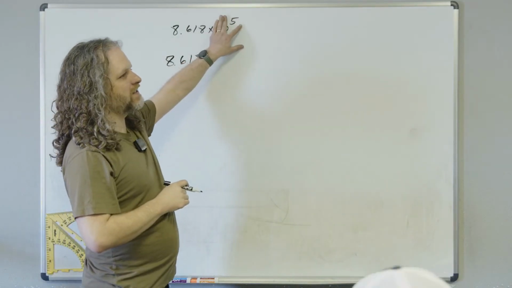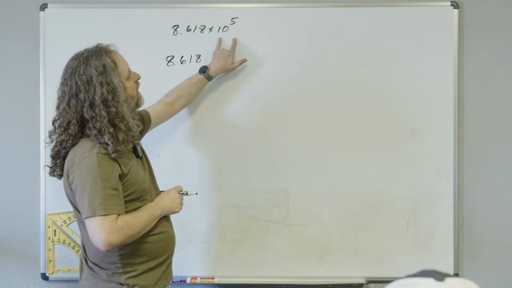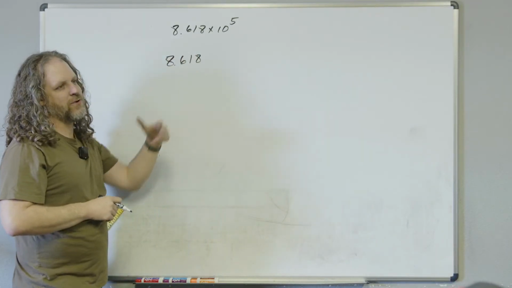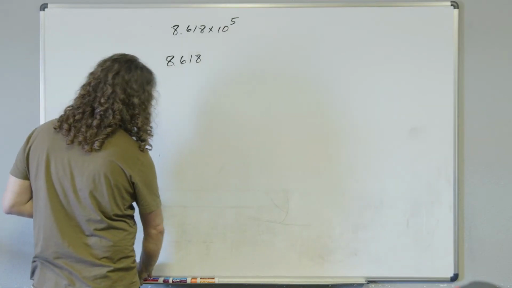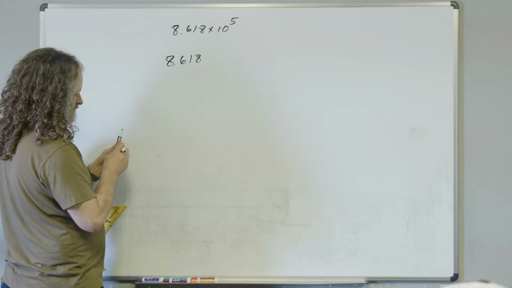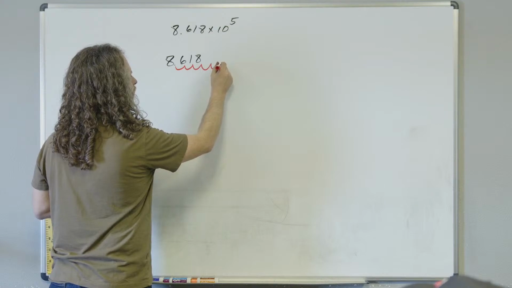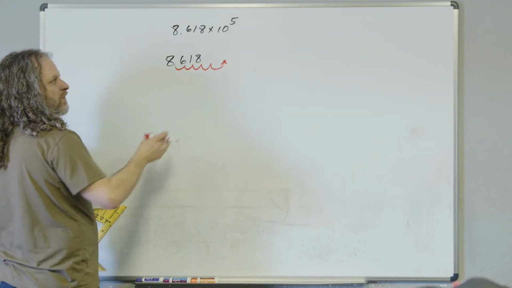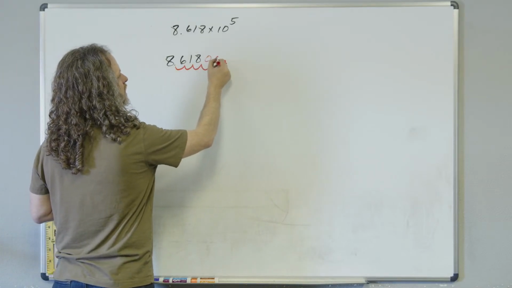This is a big number with a lot of zeros, right? So are we expecting, if we do this and turn it into standard form, for the number to get bigger or smaller? Bigger. So, 1, 2, 3, 4, 5. What are we going to do with the places where there's not any numbers there? I remember this.